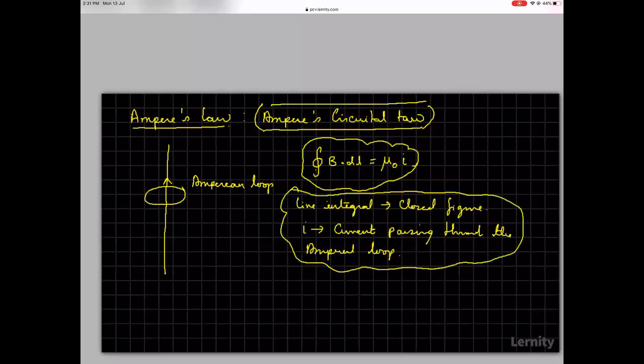Integral B dot dl is equal to mu naught I. It's a line integral, and it should be a closed figure. I is the current passing through the Amperean loop. This is Ampere's circuital law.